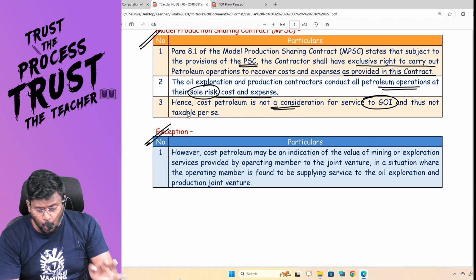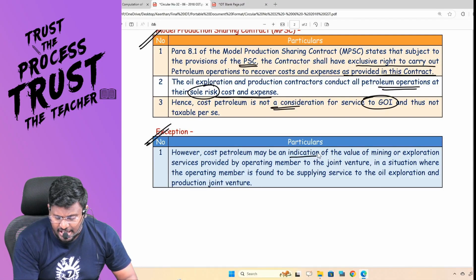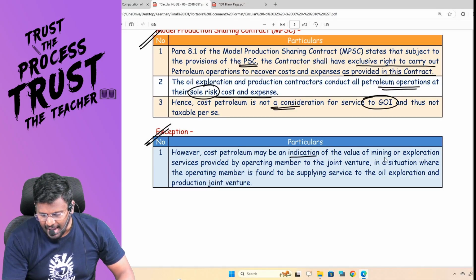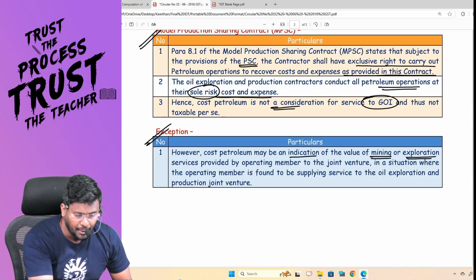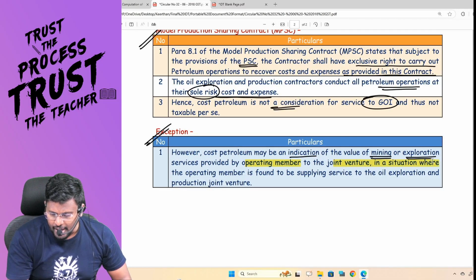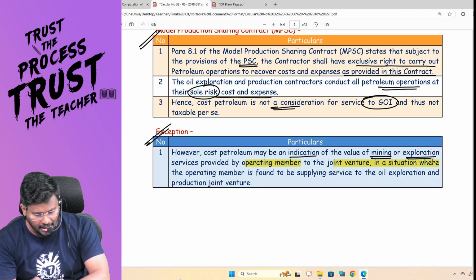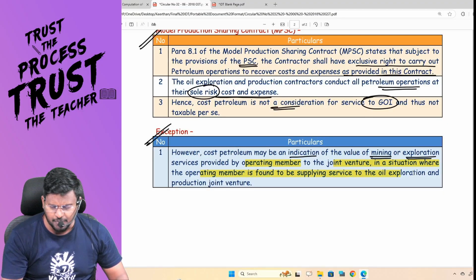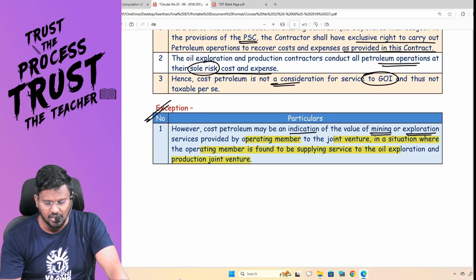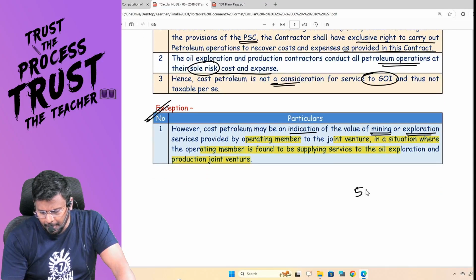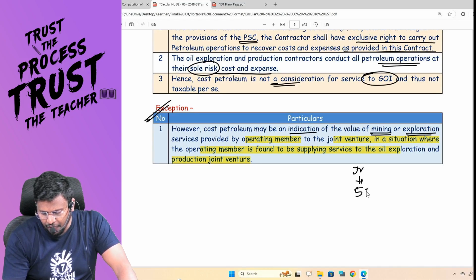However, cost petroleum may be an indication of the value of mining or exploration service provided by the operating member to the joint venture, in a situation where the operating member is found to supply service to the oil exploration and production joint venture. For example, sir, there is a joint venture and there are 5 members.